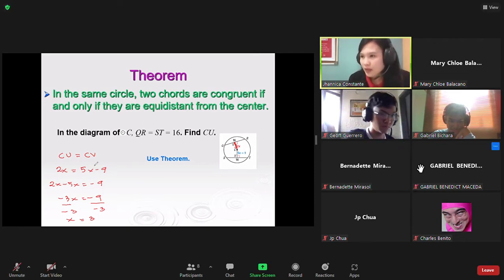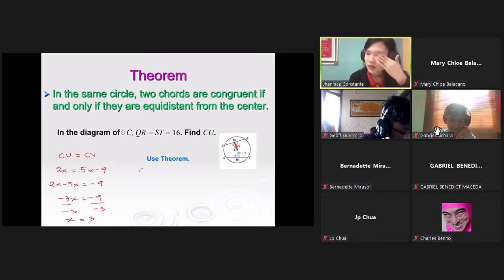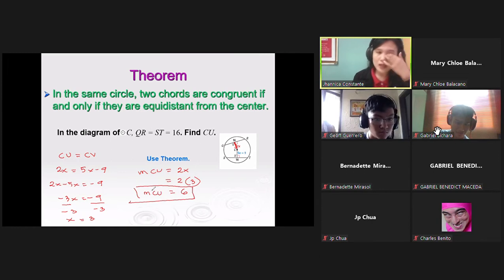So substitute the given value of x into the measurement of our line segment CU. So the measurement of CU is equal to 2x. So 2 times 3, which is equal to 6. So that is the measurement of the line segment CU that we have in the circle.